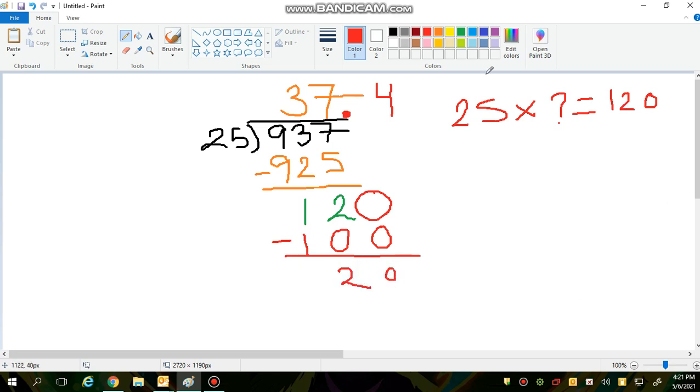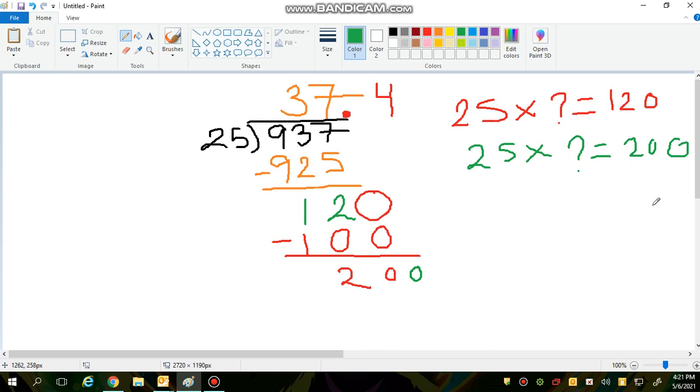Now again, we got a problem, kids. 20 is homeless. 20's got nobody to be with. You can't have a homeless number. So, same thing. We activate 0 the hero, which is already activated for you, and you just put an extra 0 at the end. As long as you got that decimal point, you can use as many 0 the heroes as you want. Okay? And now again, 25 multiplied by some number is very close to 200.